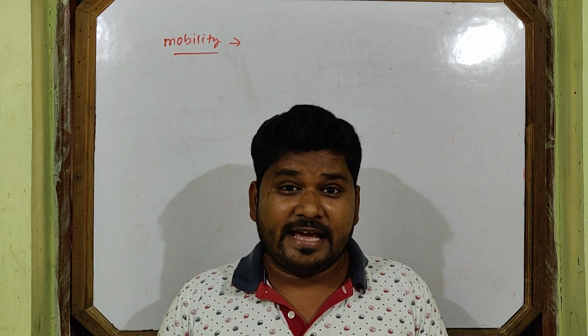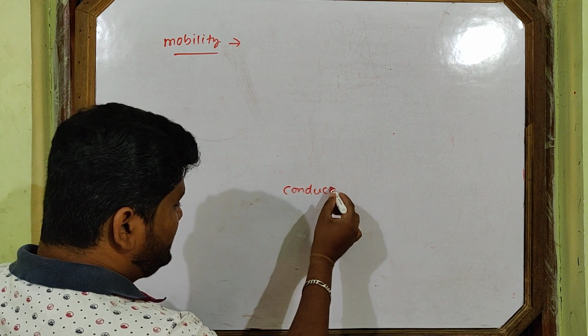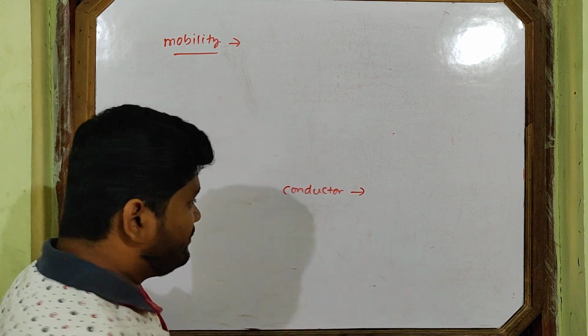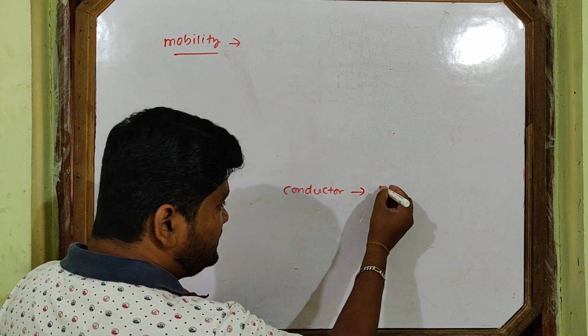One point I want to share with you. What is a charge carrier? The one who carries the charge, who helps in the current flow. This question also sometimes comes in exams. In a conductor, in a solid material, who is the charge carrier?